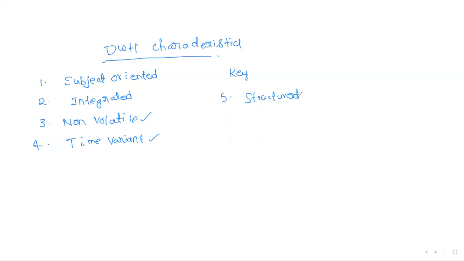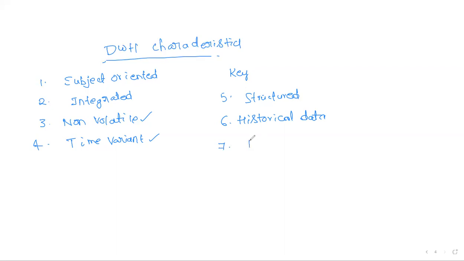It means you will have information that is ready to give as a report or ready to give as a dashboard. Then it is historical. Historical data can be stored in DWH. It means the information from the past can be stored in DWH. That's why it is historical data.